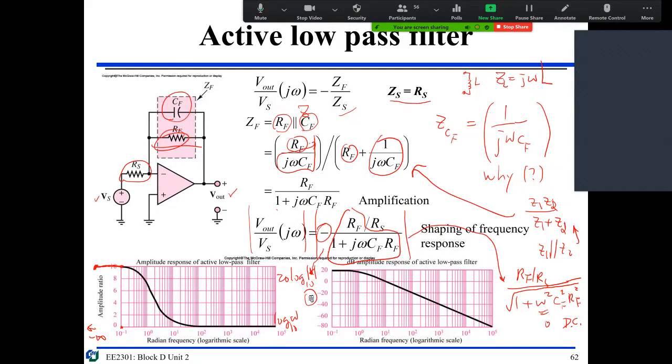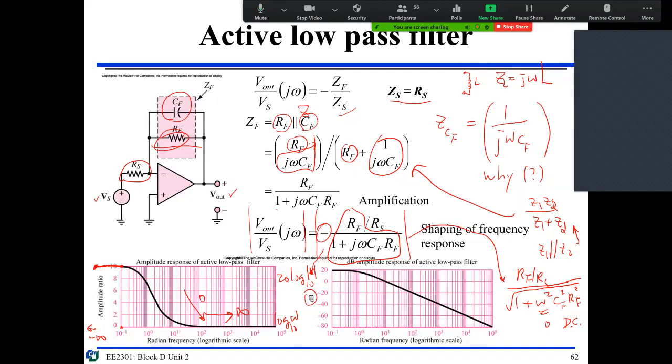Then you can see as omega goes to infinity, the whole thing will go to 0.